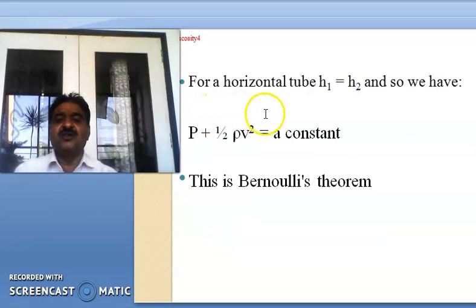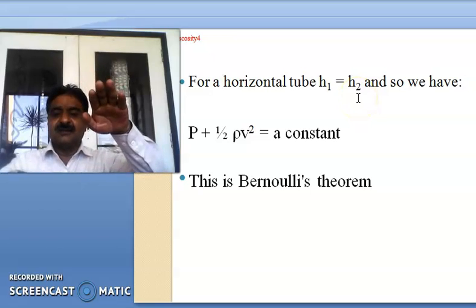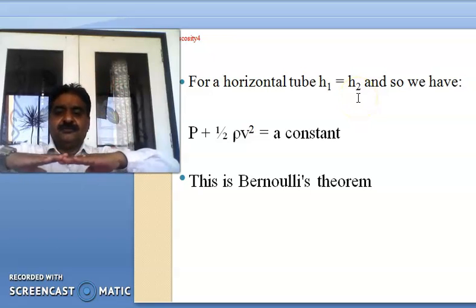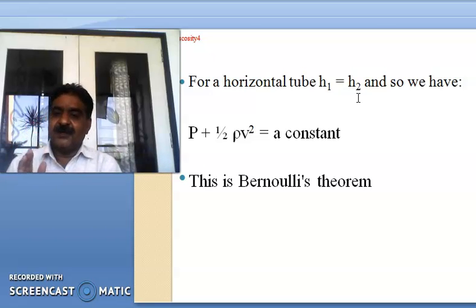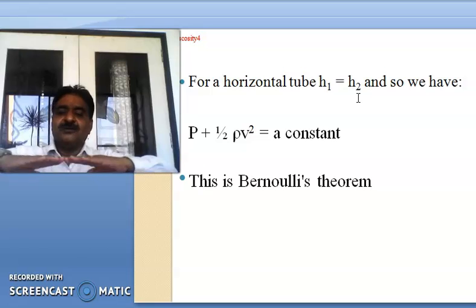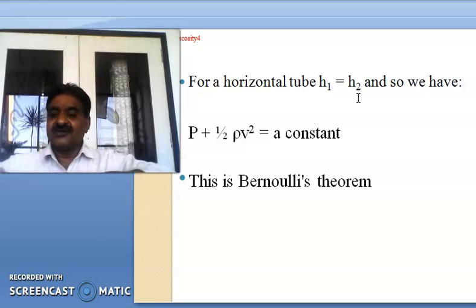For a horizontal tube, H1 is equal to H2. Suppose the tube is exactly horizontal. I mean, the height at P and the height at Q are both equal from a certain reference level. Horizontal tube means every point of the tube is equidistant from the reference level.